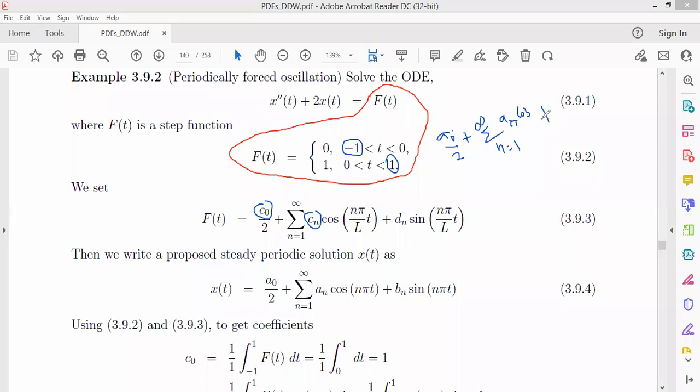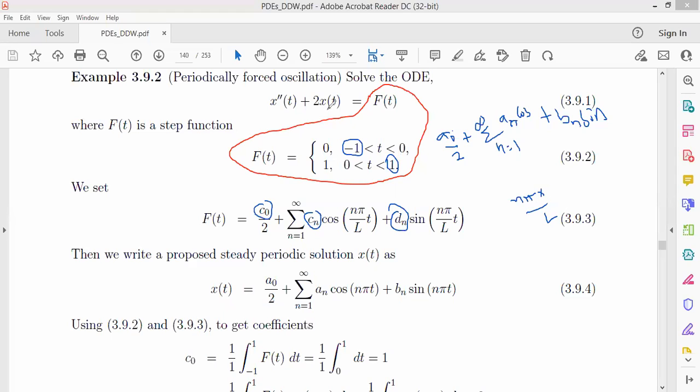Then we would say plus Bn sine. The Bn in this case is the Dn. I hope no one is getting lost. This is exactly the same formula. Now remember, it is n pi x over L.